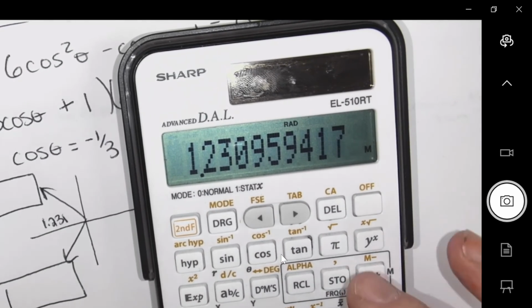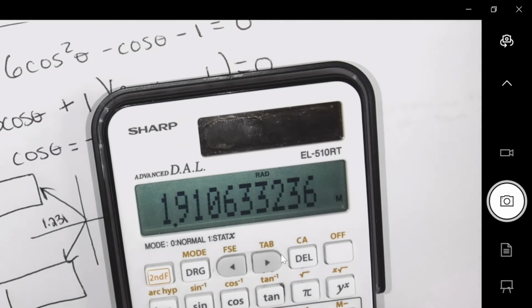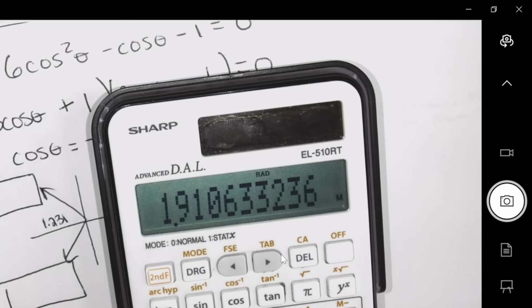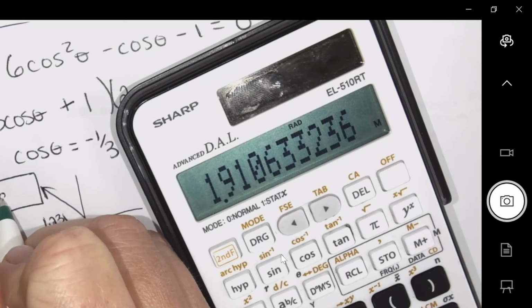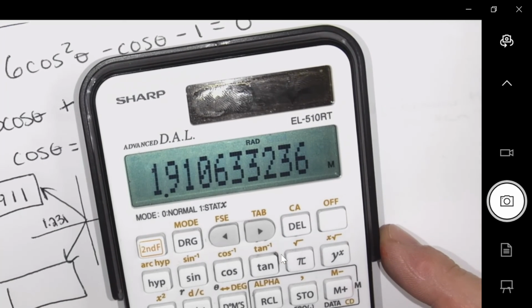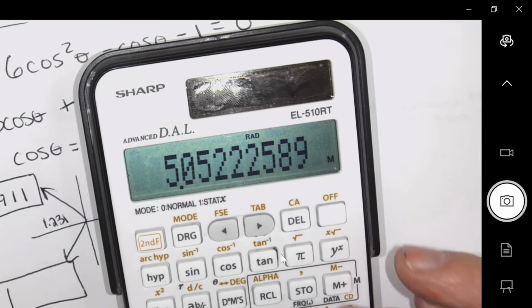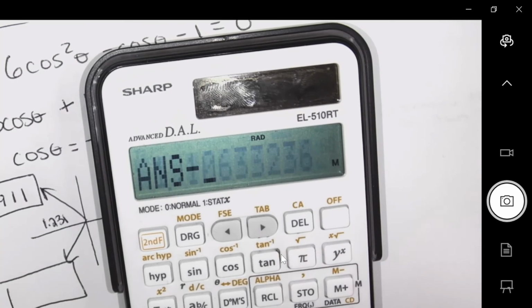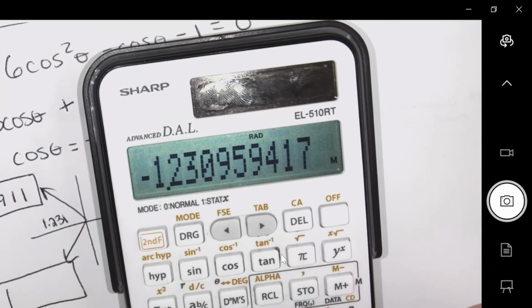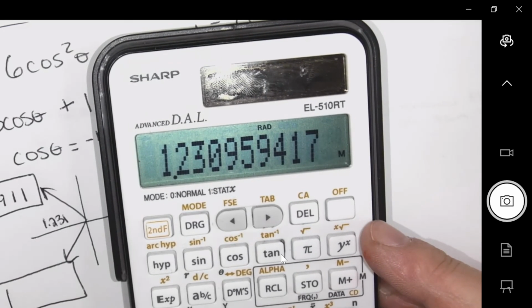Okay, so I'm going to do pi minus that. Makes that angle 1.911. Okay, I got it back on my screen.